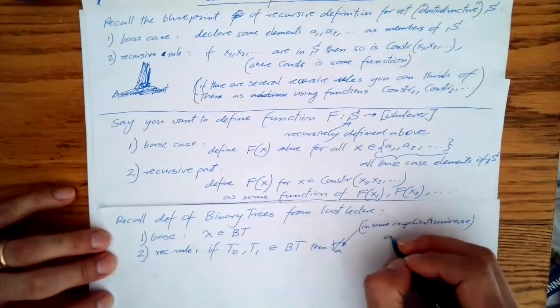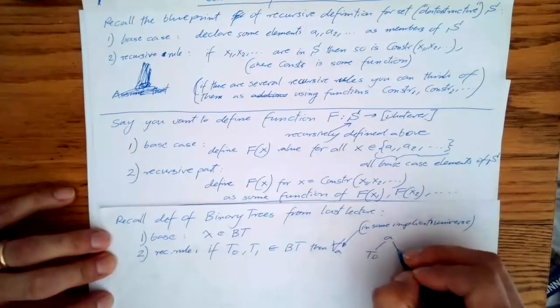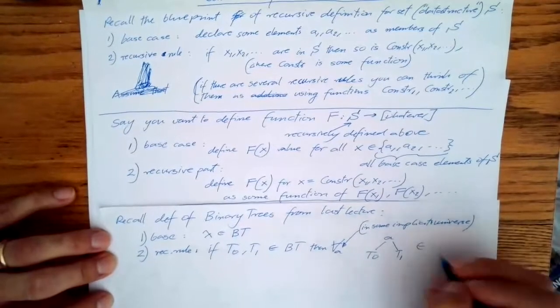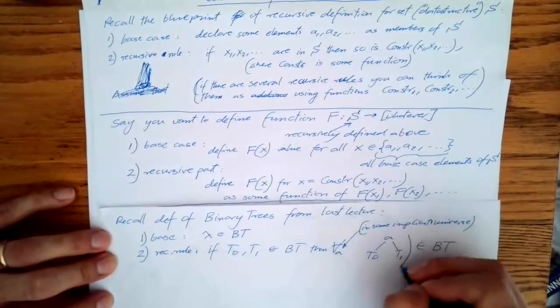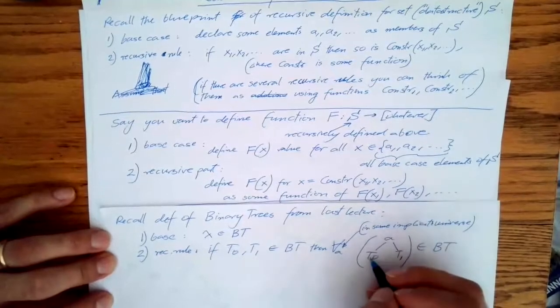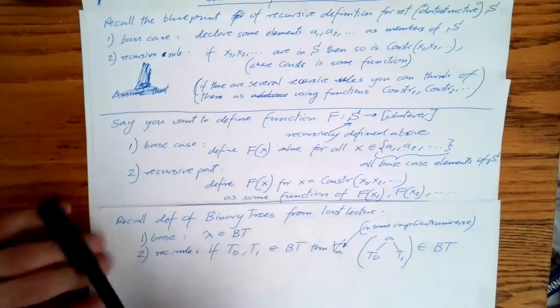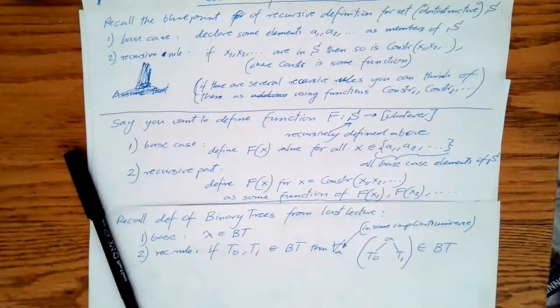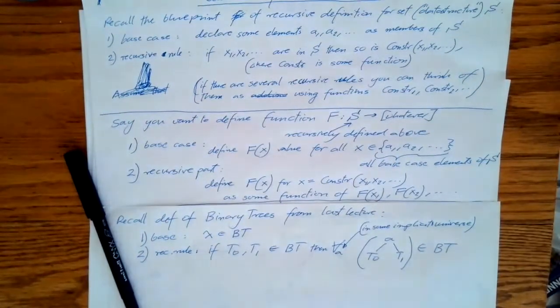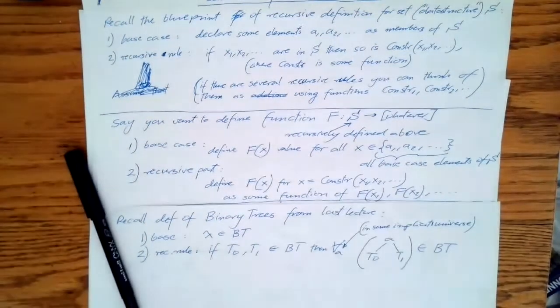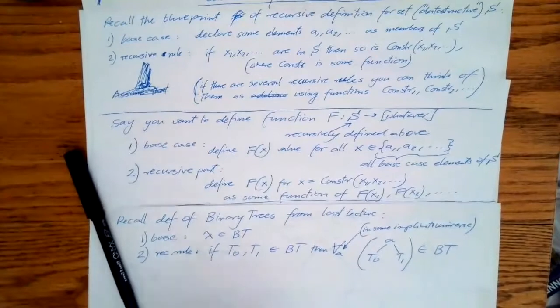The following thing is declared to be a tree as well, and it is something that looks like this: A with left subtree T0, right subtree T1.